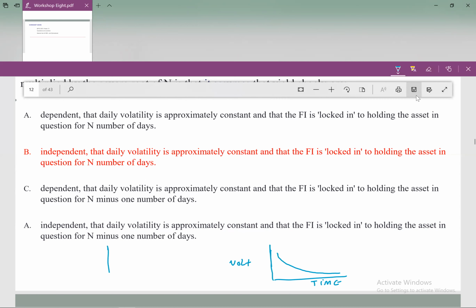If this is the price and this is the time, the price is here and then COVID comes here. The assumption of the N-day VaR equals the daily VaR times the square root of N is that they think this one will keep zigzagging all the time.